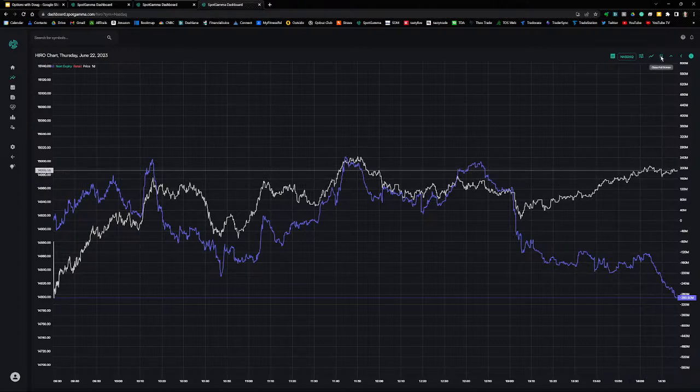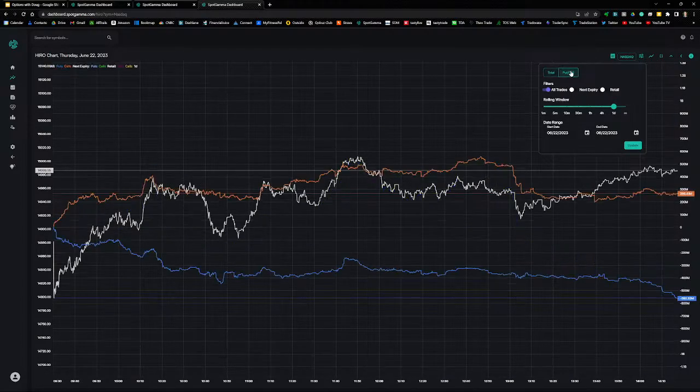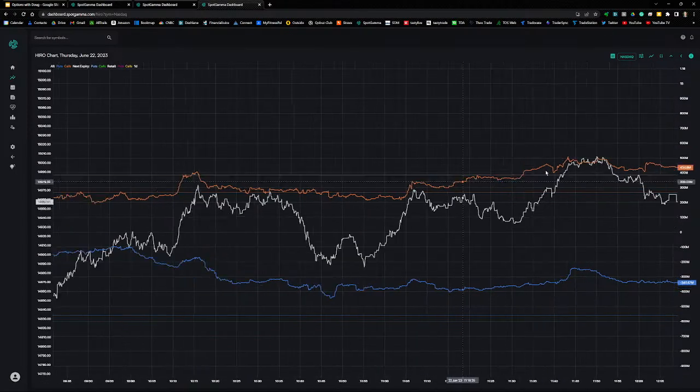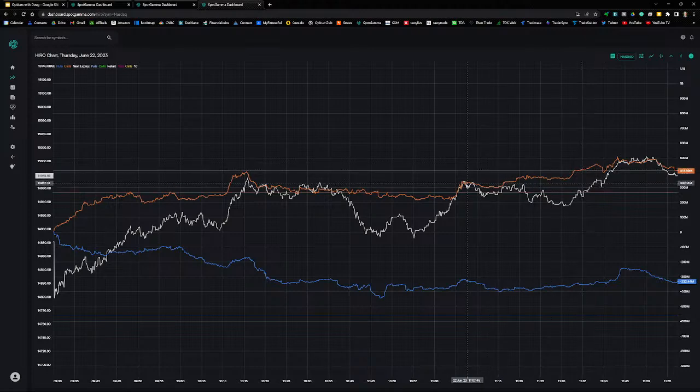And let's just see what, whoops. Zoom in a little bit here. So in the morning, traders were buying calls and buying puts. Call buyers were winning. This notional value around 418 million versus minus 332 million.